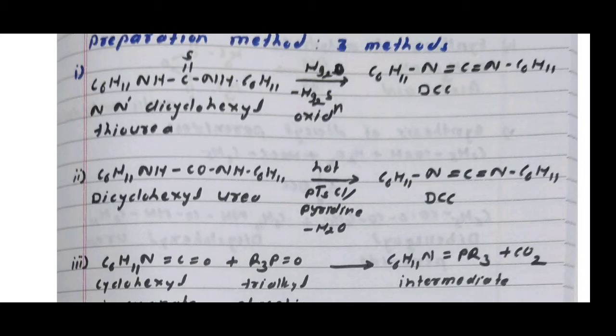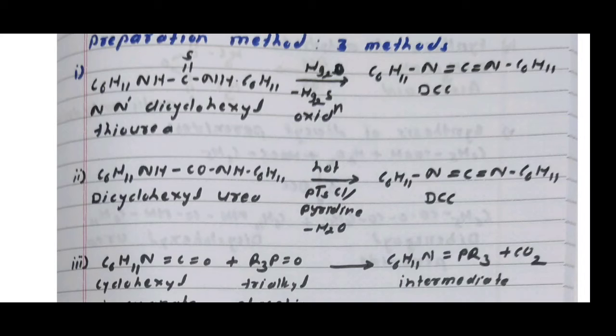Here DCC may be prepared by dehydration of dicyclohexyl urea using para-toluene sulfonyl chloride, short form PTSCl, in hot pyridine medium. Then removal of a water molecule gives the formation of DCC, C6H11 N=C=N C6H11.